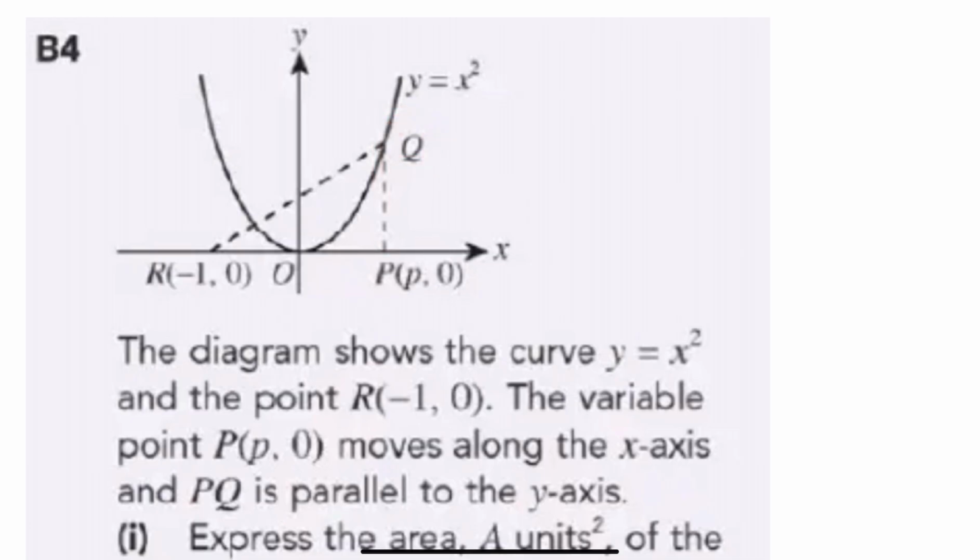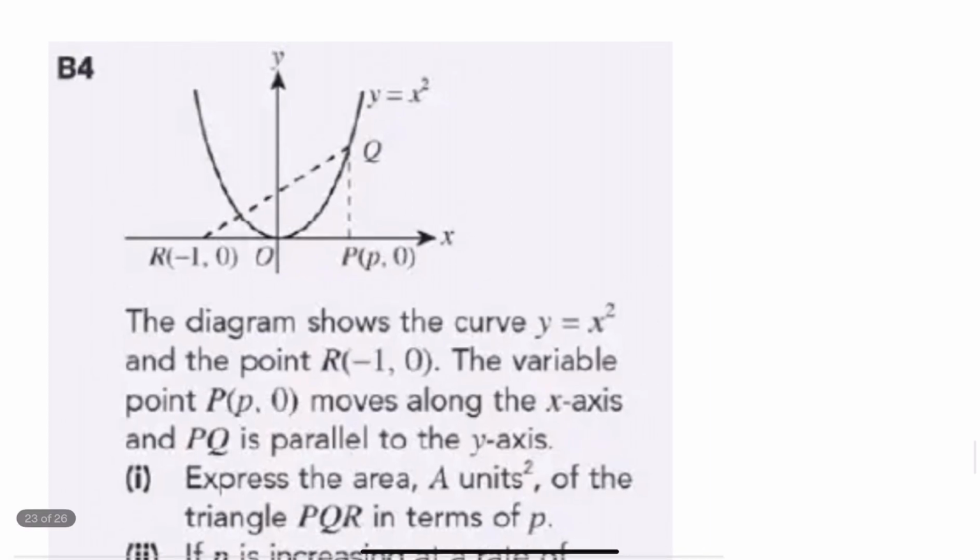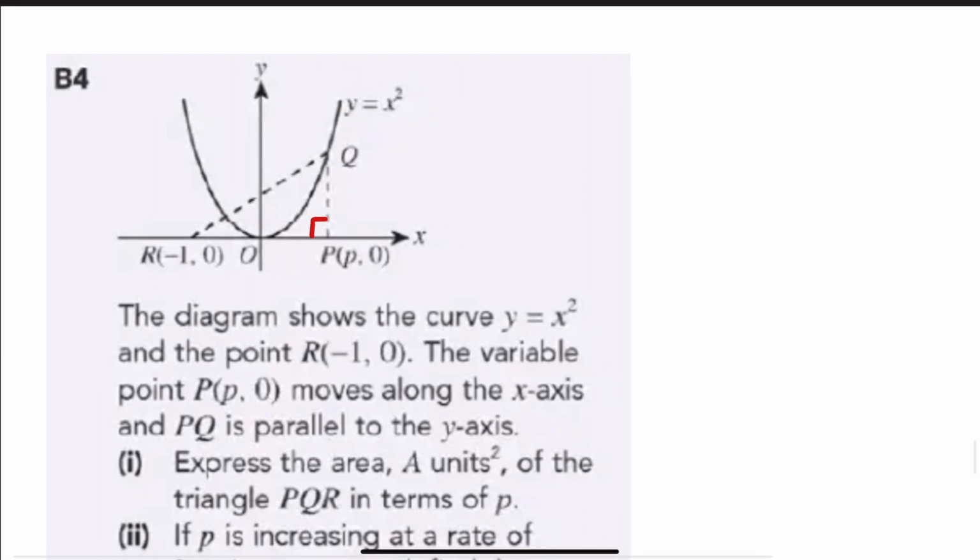The first part of the question says find the area of the triangle PQR. If PQ is always parallel to the y-axis, we know that this angle here must be a right angle triangle. The area of any right angle triangle is simply half times base times height.